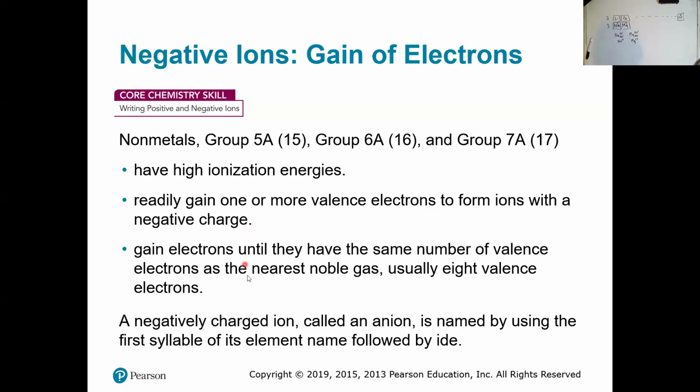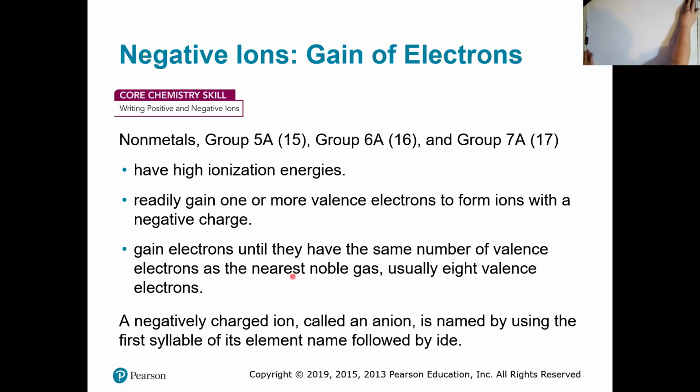And they are also going to be looking to have the same number of electrons as the nearest noble gas. But when we're working with our nonmetals, we're looking for the noble gas that comes directly after our nonmetal, unlike our metals, where we looked for the noble gas that came right before it.